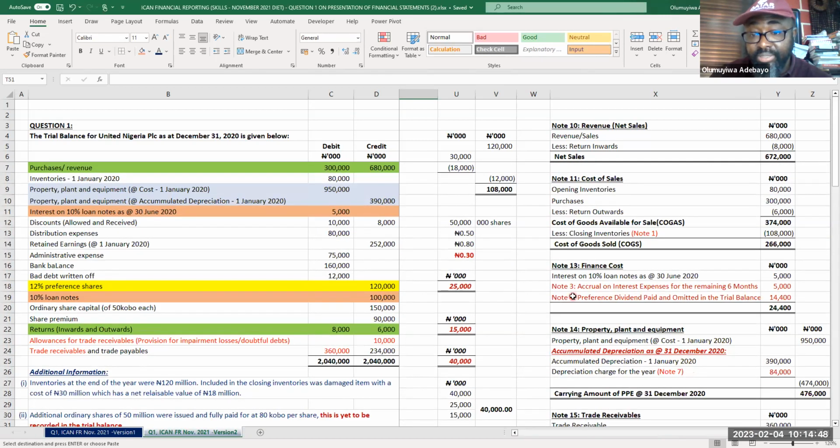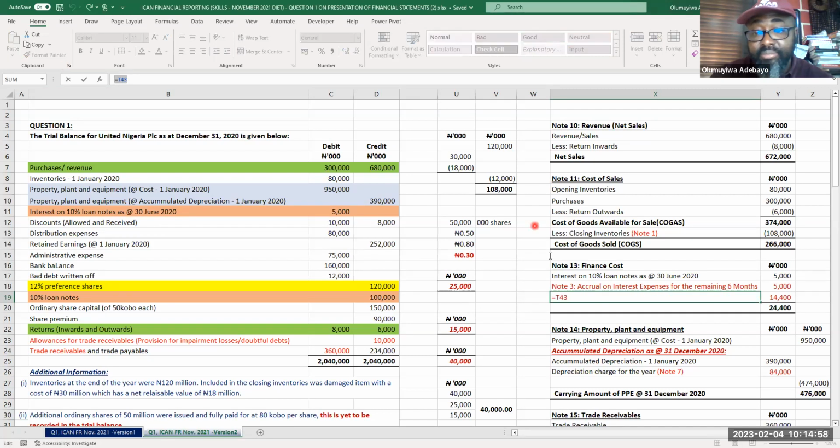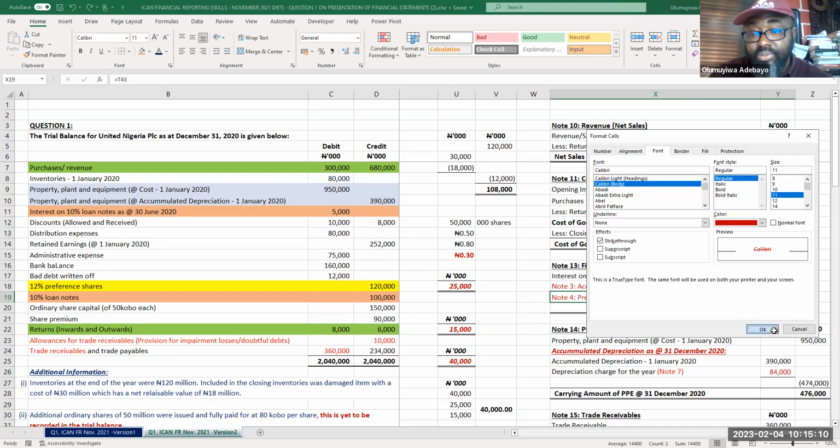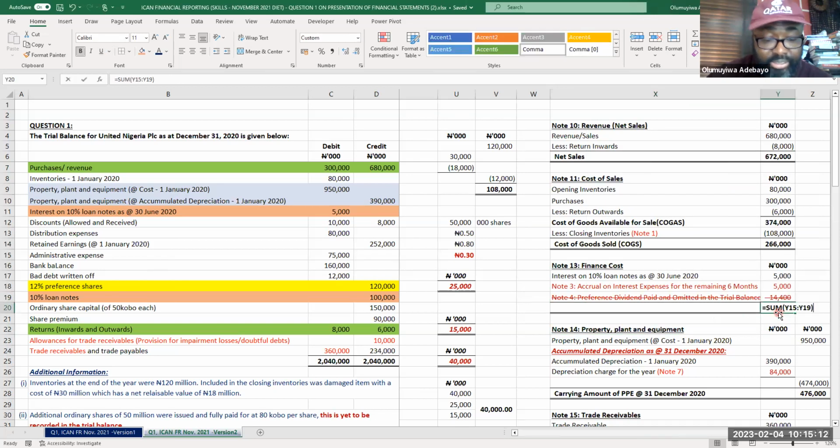Finance cost, this will not be there. Therefore, preference dividend will not be there. Let me strike it out. This will not be there, which means it is just these two, which we adjust for.